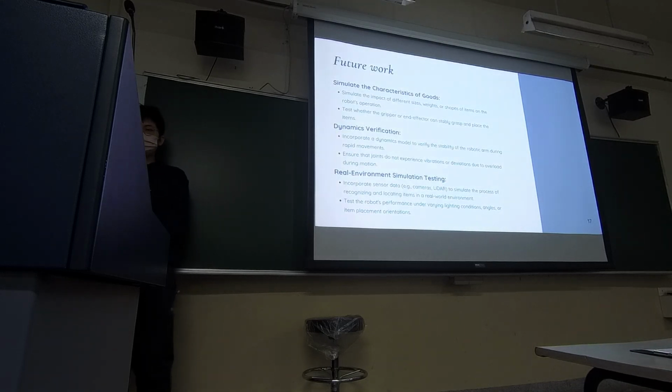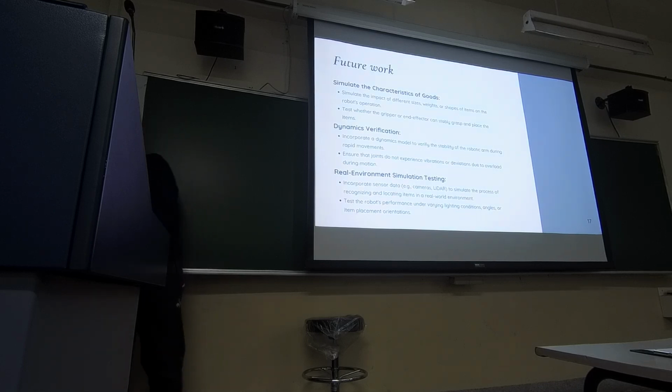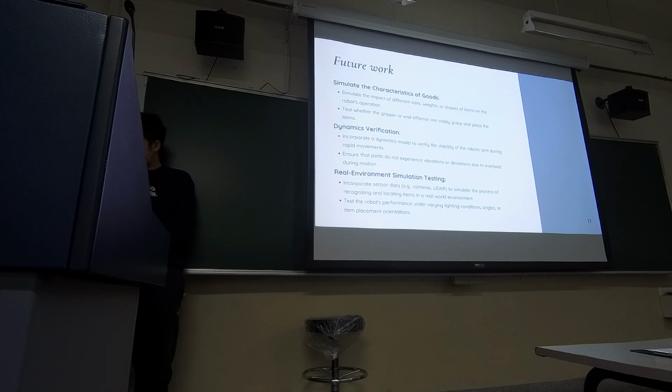So for future work, we could simulate the characteristics of the goods, like the impact of different sizes, weights and shapes of the item on the robot's operation, and test whether the gripper can stably grasp and place the item. We could also incorporate a dynamics model to verify the stability of the robotic arm during rapid movements, to ensure that the joints do not experience vibrations or deviations due to overload during motion.